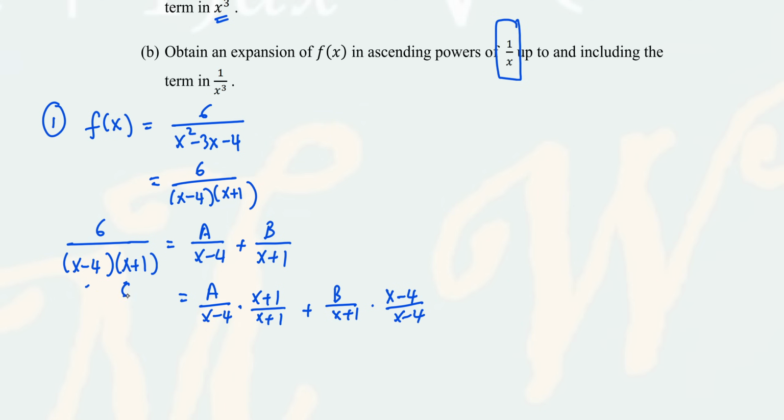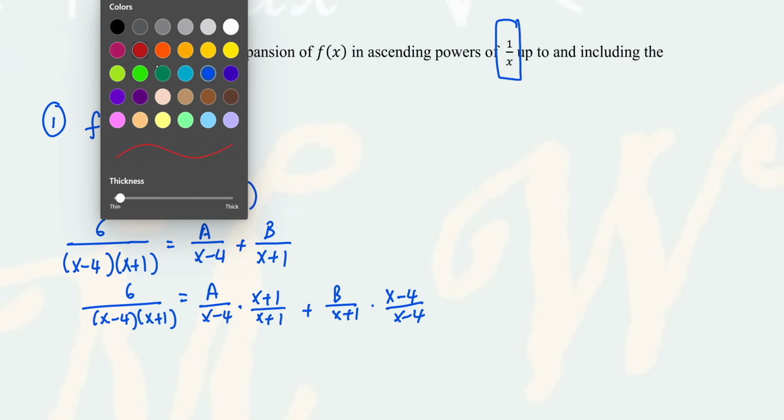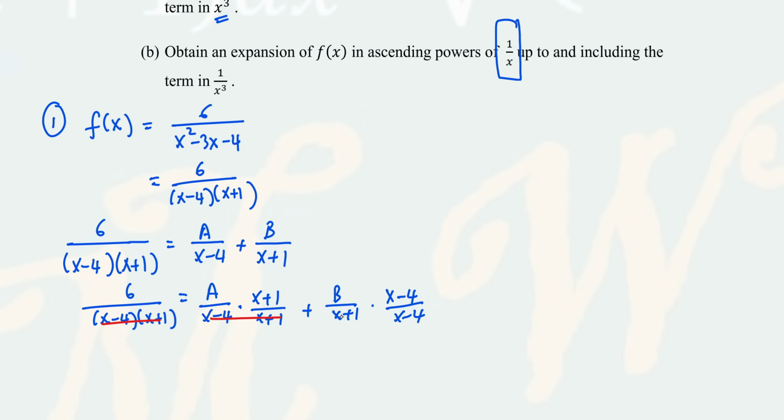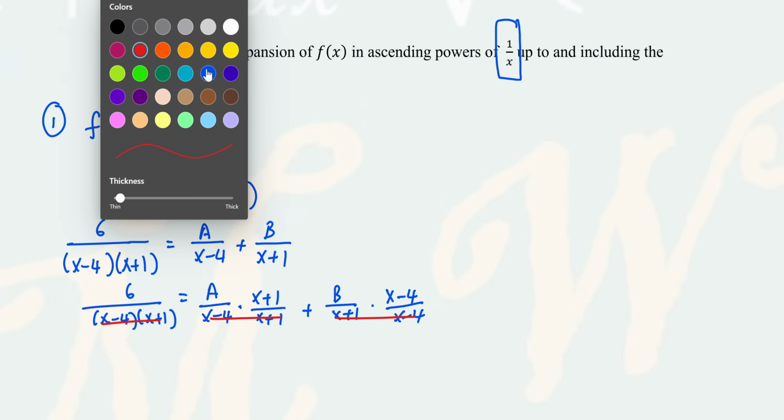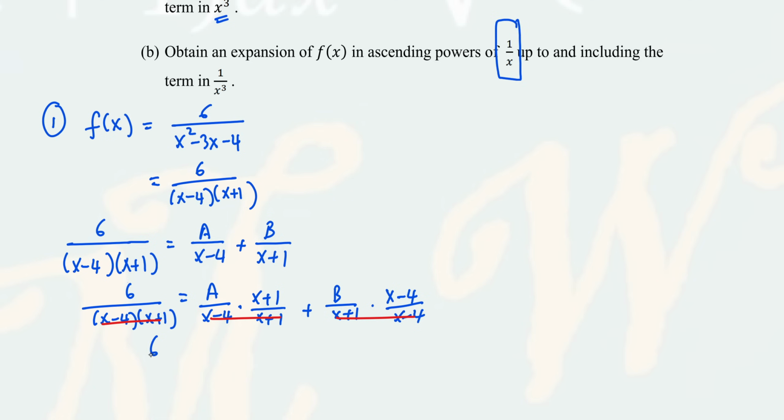Once you obtain it, then you just refer to the numerators. So my numerators, you can just cancel off all the denominators. So my numerators will be just 6 equals a times x plus 1 plus b times x minus 4.